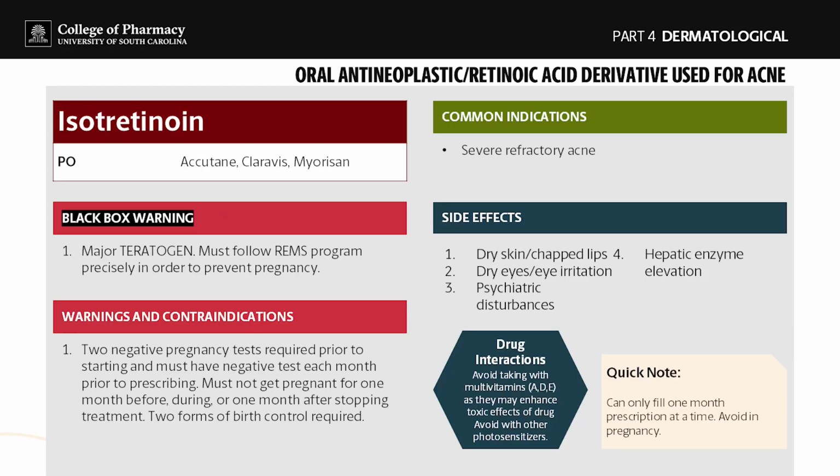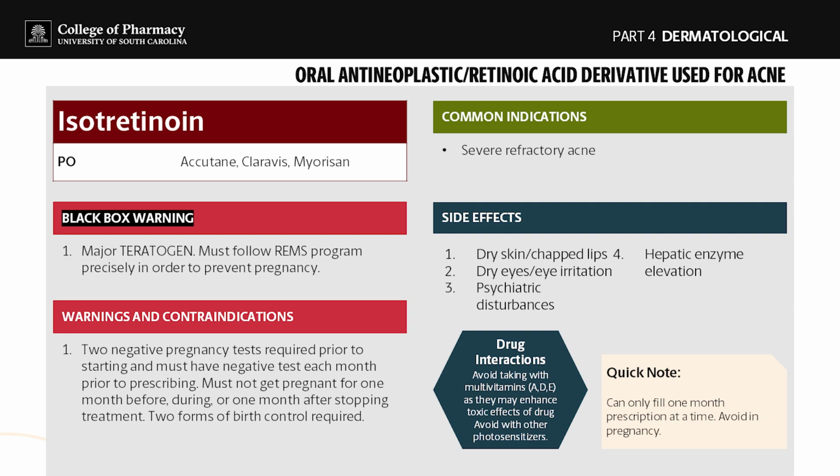Oral anti-neoplastic retinoic acid derivative used for acne is Isotretinoin, brand name Accutane, Claravis, Myorisan. This is for severe refractory acne. This has got a huge black box warning, this is a teratogen. So we have a lot of things we have to do for this drug.